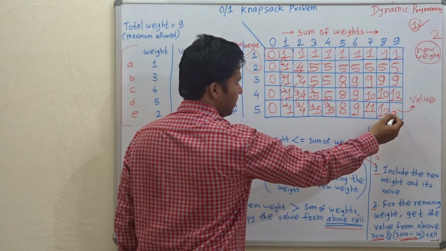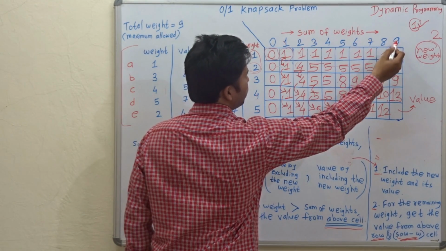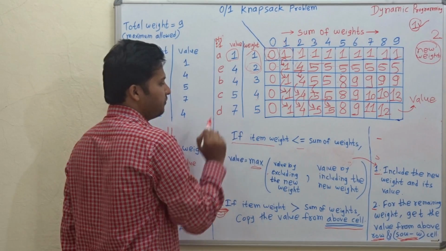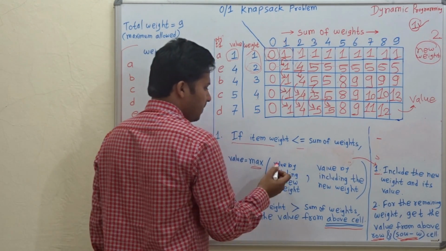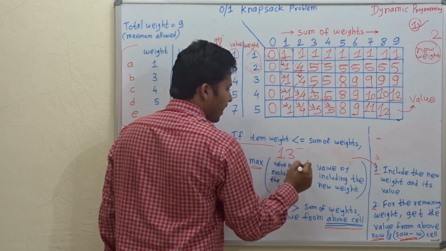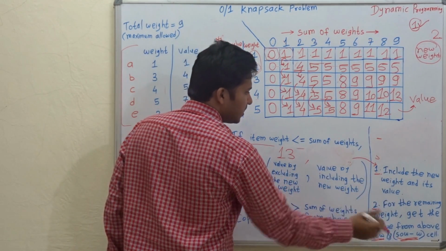The last cell, here we have to form a sum of weight 9 by using a weight 5. So let's follow the procedure. The value by excluding the new weight is 13, and the value by including the new weight, these are the two steps.